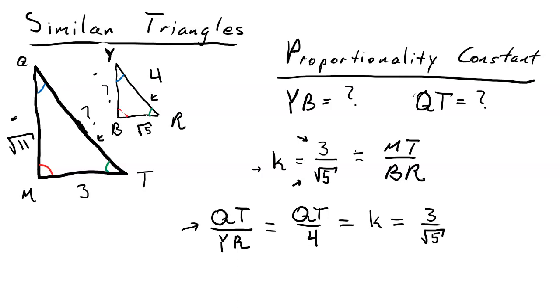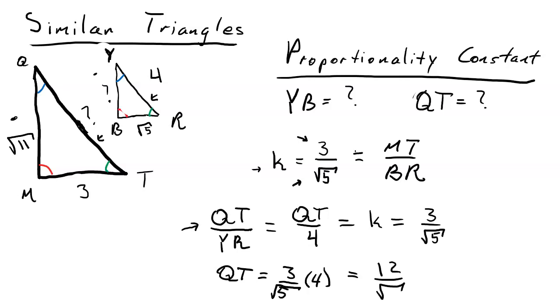So then what we're going to do is multiply both sides of this equation, QT over 4 and 3 over square root of 5, by 4. And what we'll get is QT equals 3 over square root 5 times 4, which is equal to 12 over square root 5.